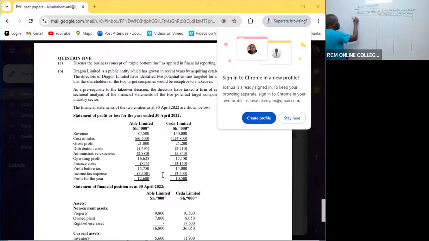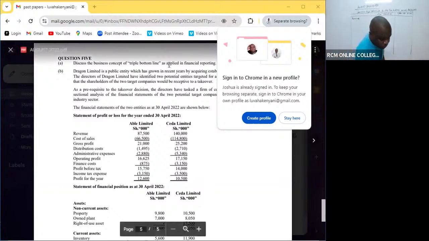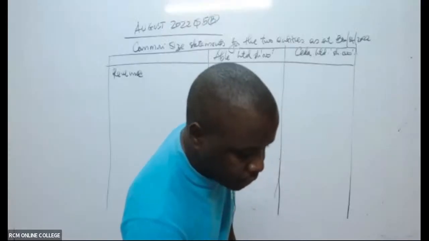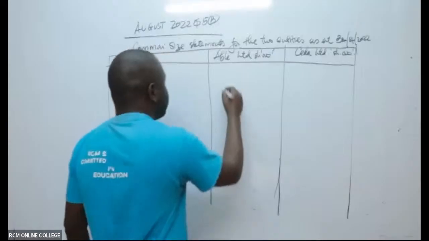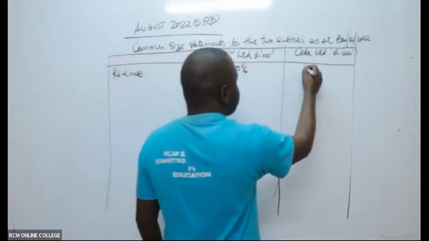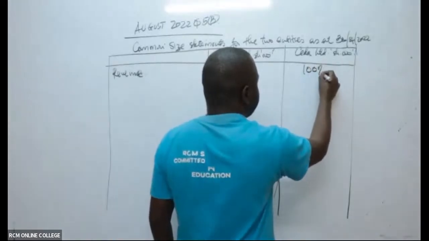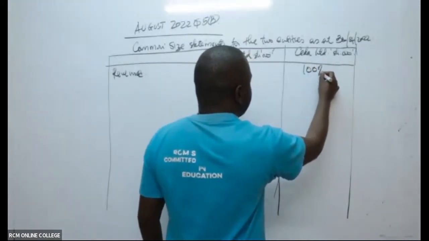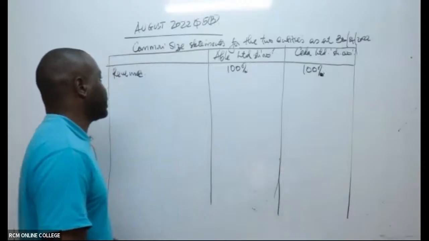So we have revenue, and our revenue will be 100% for the two companies. Remember, we are converting them into percentages.